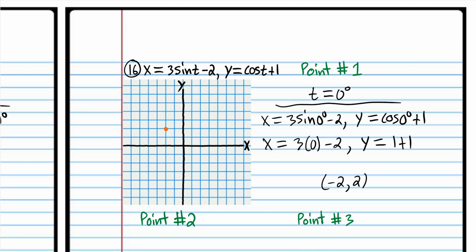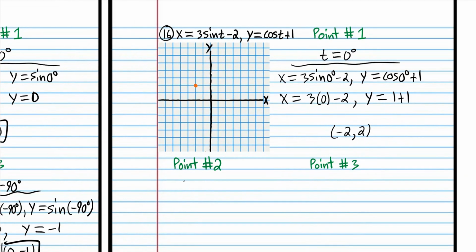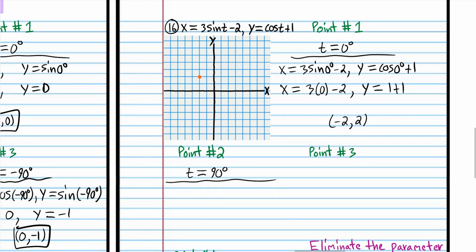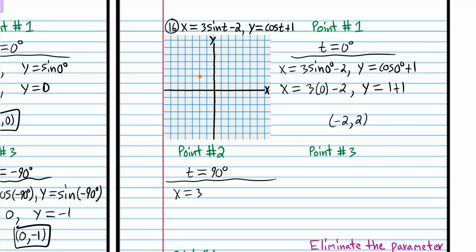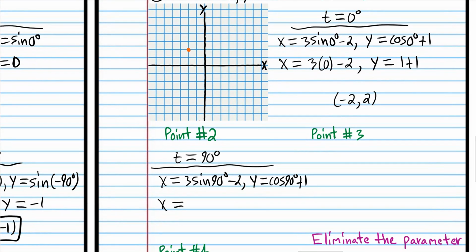So that's about there. And now let's plug in 90 degrees for t. So we have 3 times sine 90 degrees minus 2 and cosine 90 degrees plus 1. So x is equal to 3 times 1 minus 2. y is equal to 0 plus 1. So we have 1 comma 1 for the point there.